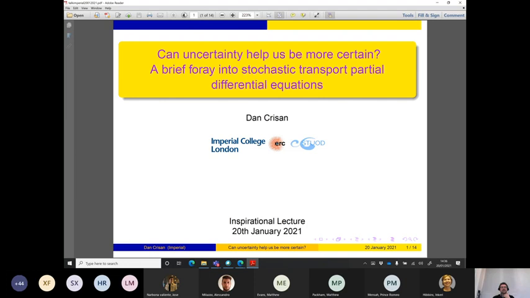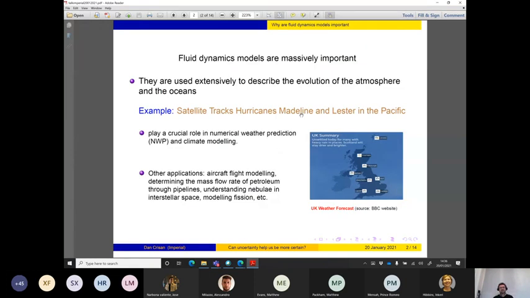So let me start to say a little bit about fluid dynamics models. This is a page which I borrowed from one of my previous talks, and the statement that fluid dynamics models are massively important is an understatement, because essentially everything around us and within us is about fluids.